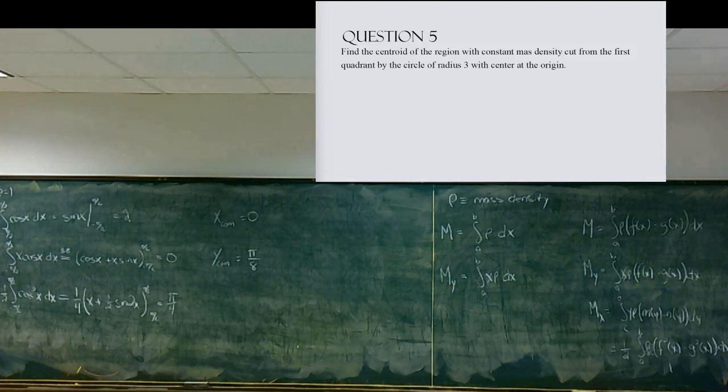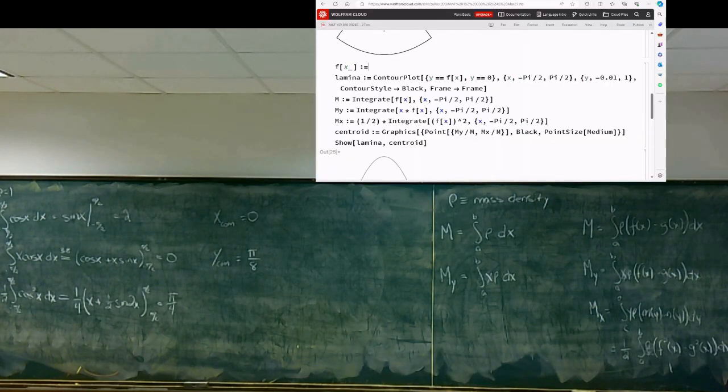It would be x squared plus y squared equals 9. Well, that's the equation of a circle. That's not the function that we need, but you can use it to find the function.